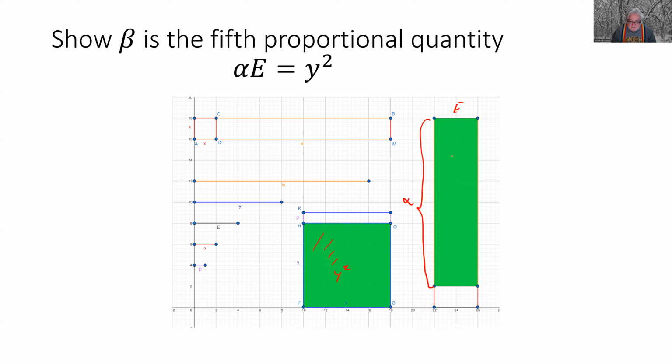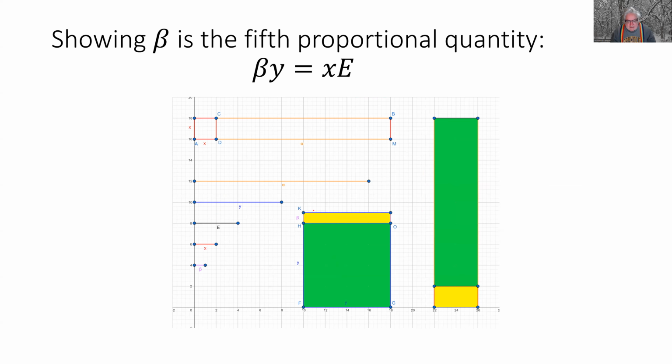So this area is alpha E. These two green areas are the same. Why are they the same? Well, if I take alpha times E, if I go down 1 from alpha and up 1 from E, I preserve the product. So alpha times E is equal to y squared. So these two areas are the same.